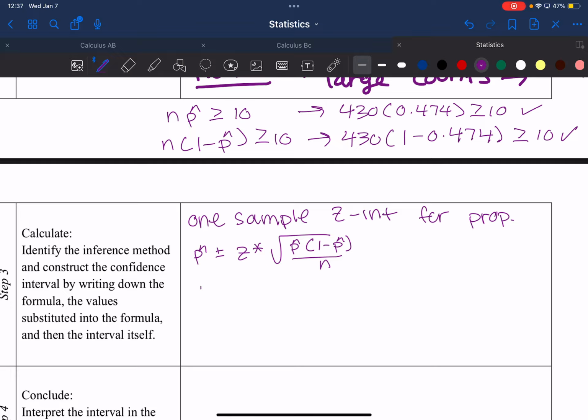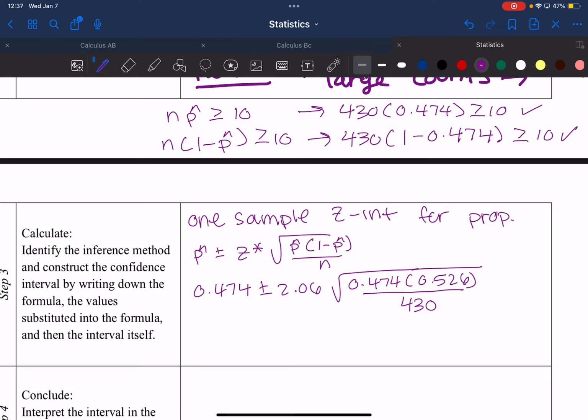The next point is plugging in the actual numbers. And then once you plug in the actual numbers, later I'm going to show you how to do this all on Desmos. So you're not going to have to actually do this math here. So I'm going to do that real quick for you. This is what you would get. And I'm going to write it in both forms. I'm going to write it using that plus or minus.